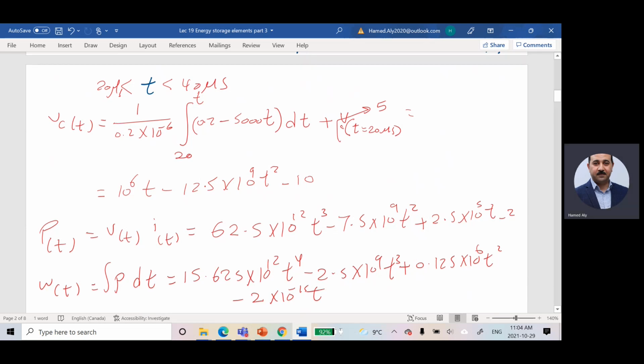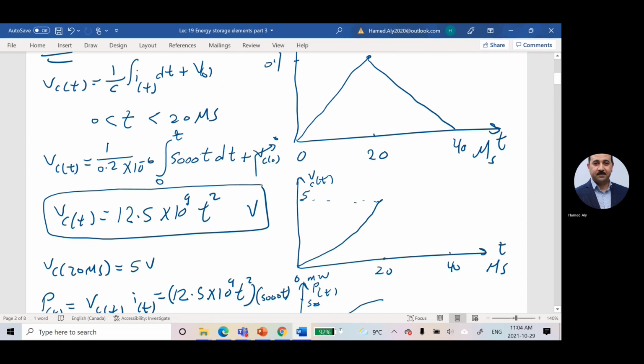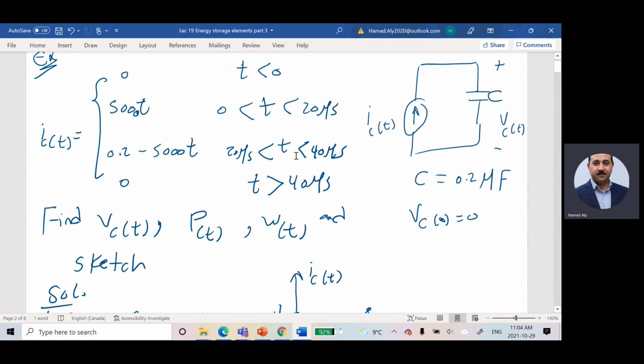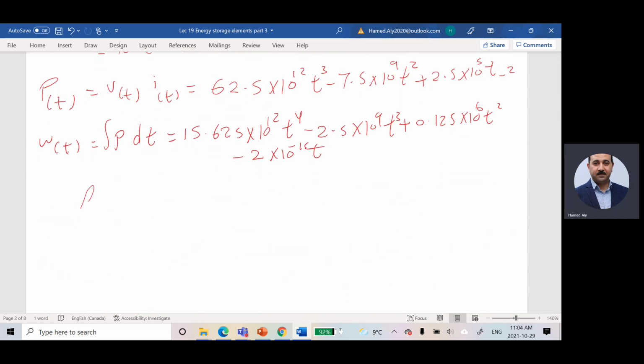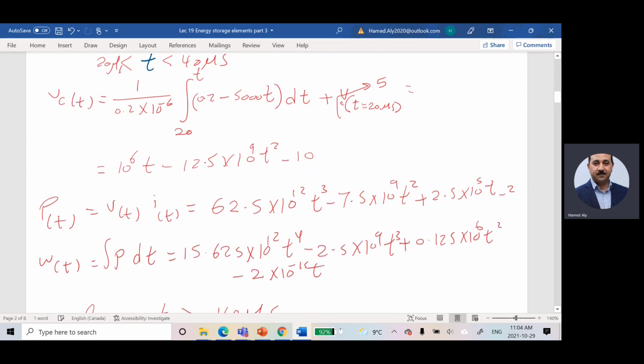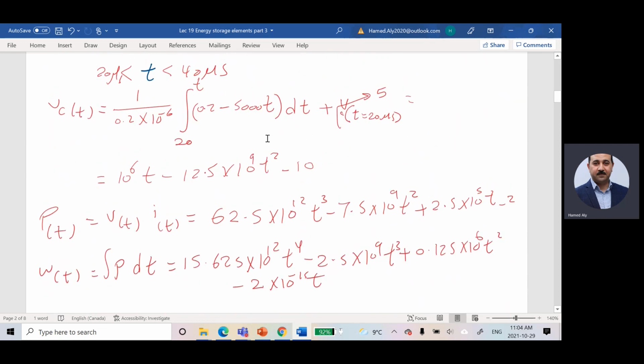And then after that, for t greater than 40, what is the value of V? Actually, for t greater than or equal to 40 microsecond, I will substitute in this equation.